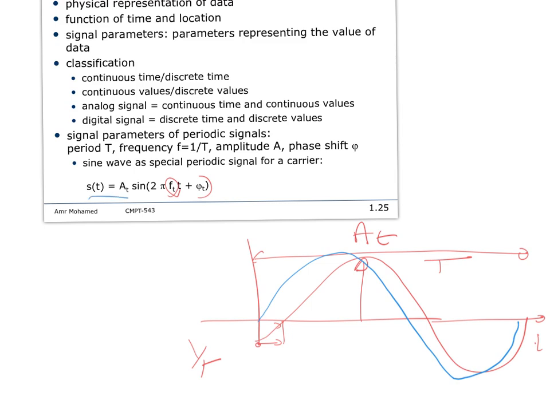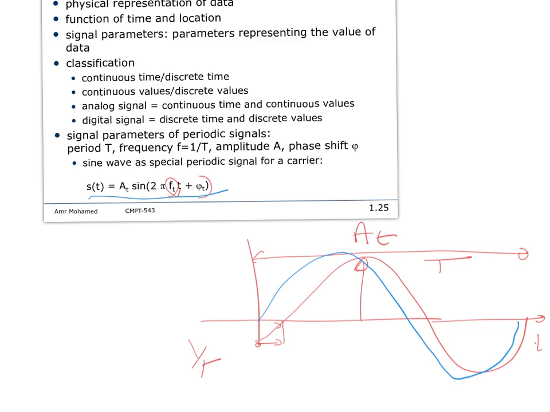Why do we talk about this simple sine wave? Because Fourier has a very nice theorem, very fundamental. What he said really changed the way we think about communication.